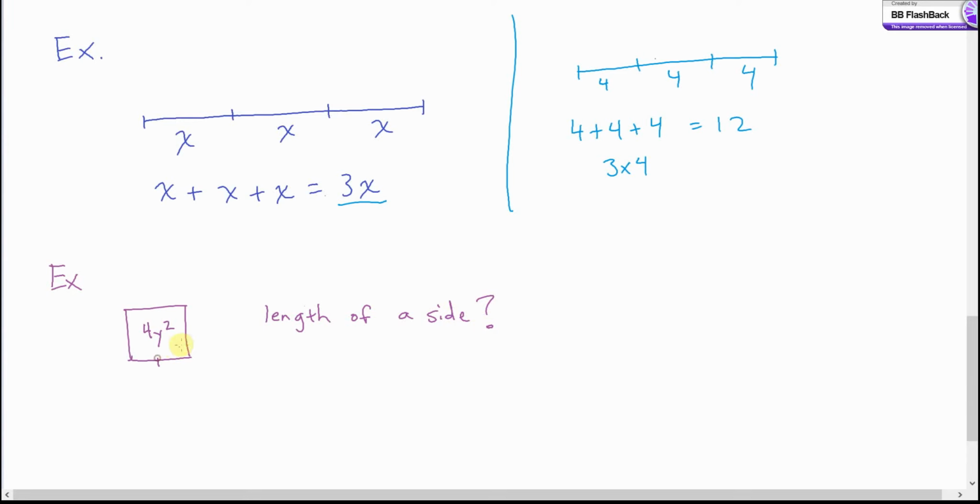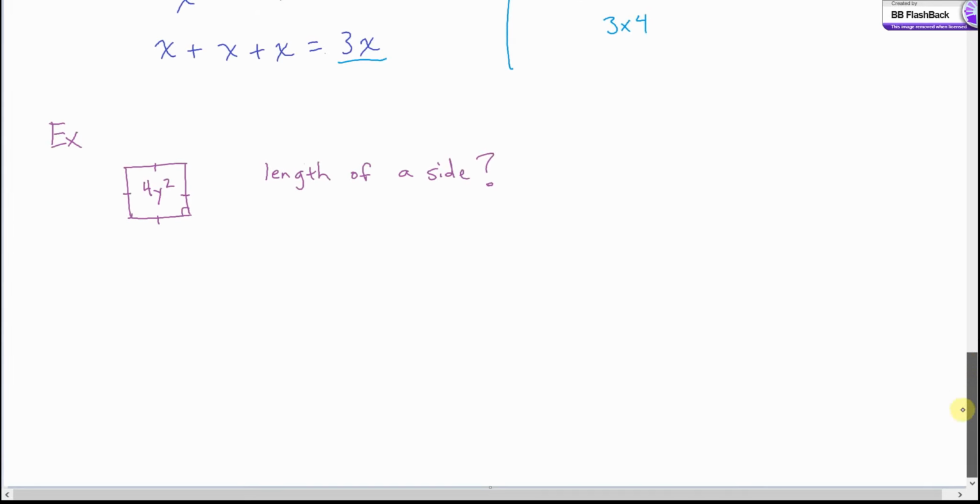Sometimes we want to show it's a square and we can do this. You can assume here that we're dealing with squares and cubes. Okay, so what is the length of a side?